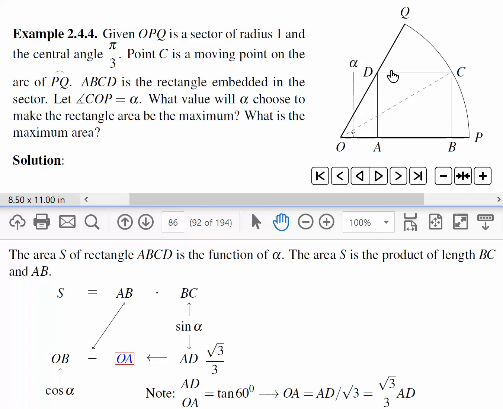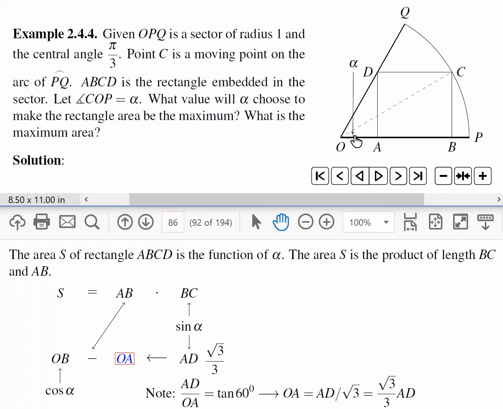How to solve this problem? Before we do that, keep in mind that we are working in the unit circle. That means OC is 1. And then we are given the central angle POQ is 60 degrees. We are given that, it never changes.